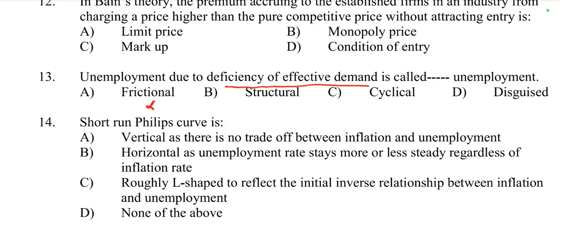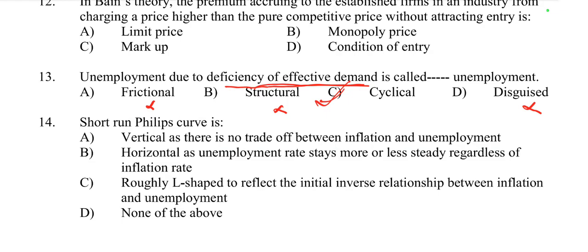So this is temporary. Structural is due to a change in the structure of the economy. Cyclical means due to a change in the business cycle or trade cycle of the economy. So deficiency of effective demand arises in cyclical unemployment. Disguised unemployment arises in agriculture, which is not applicable here.